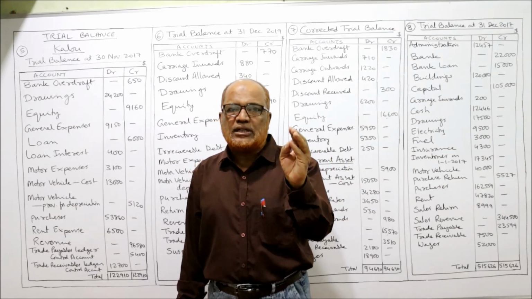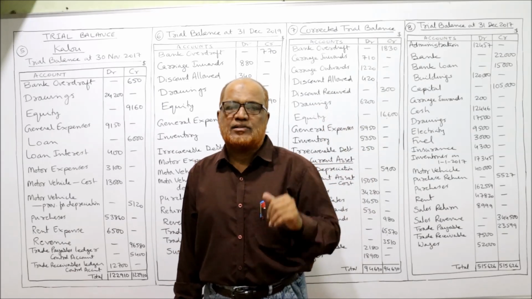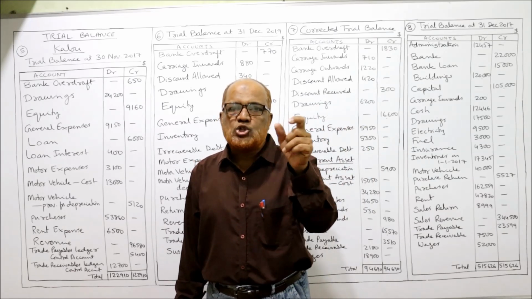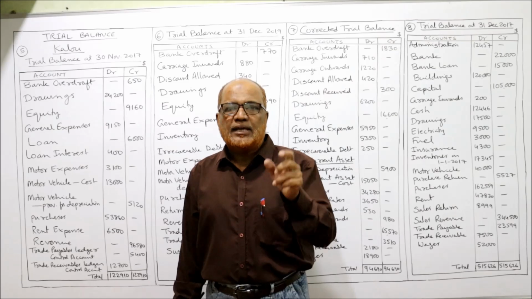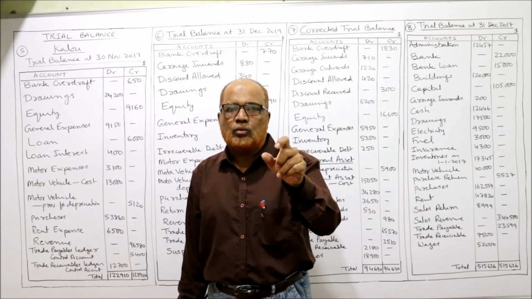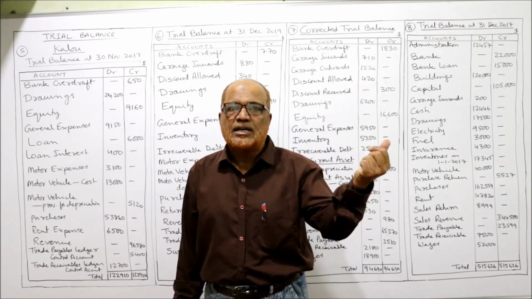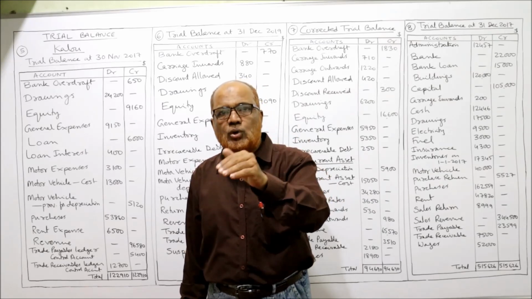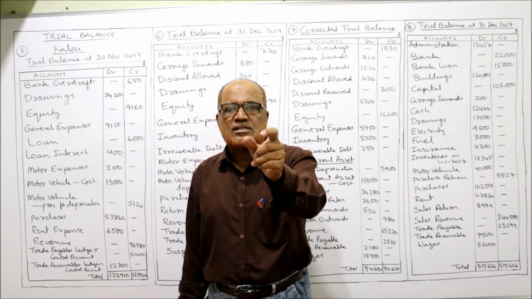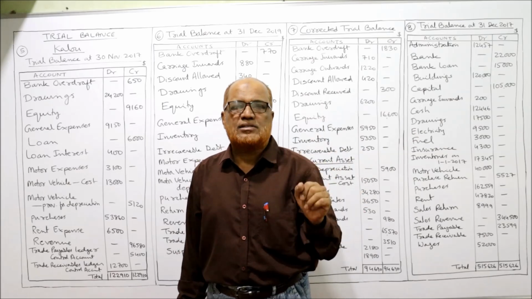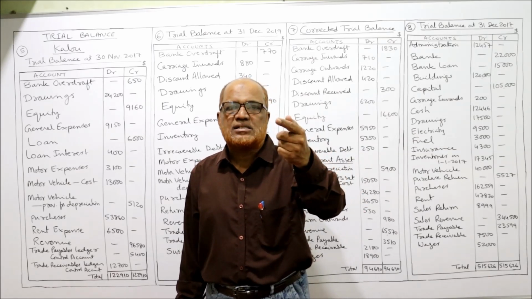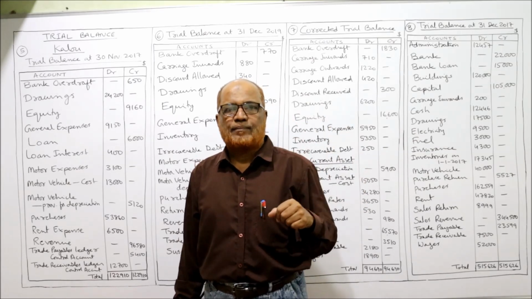Capital or equity always shows a credit balance. Drawings show a debit balance. Sales revenue shows a credit balance. Sales return shows a debit balance. Purchases show a debit balance. Purchase returns show a credit balance.